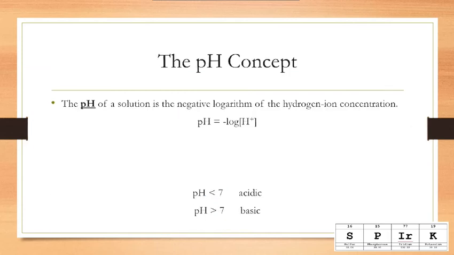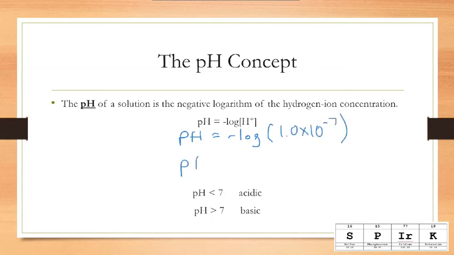So we're going to talk about the concept of pH. The pH of a solution is the negative logarithm of the hydrogen ion concentration. So pH equals the negative log of the concentration of H+. So just as a quick demonstration, for a neutral solution, the pH is equal to the negative log of 1.0 times 10 to the negative 7.